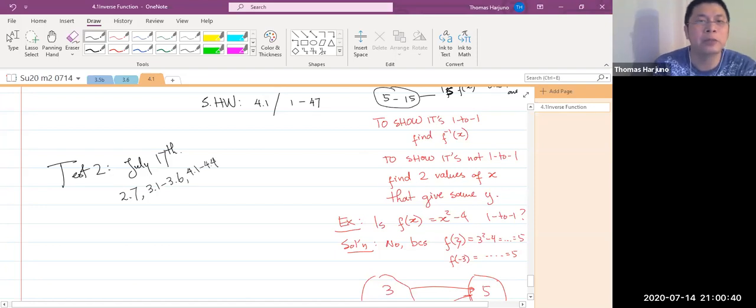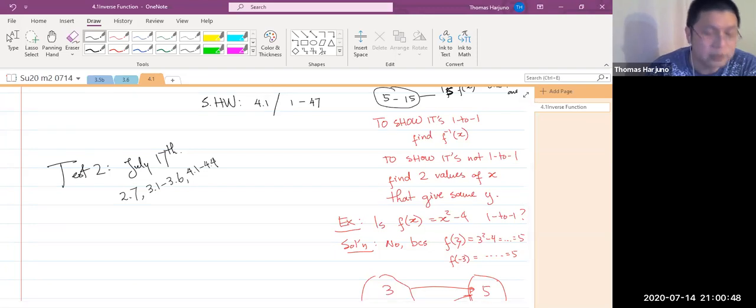We'll finish the material tomorrow: 4.2, 4.3, and then 4.4. If you want to study from my old test, you can study from all those questions except exponential functions and logarithmic functions. So take a look at my old test too, and start working on those problems that have neither exponential nor logarithmic functions.